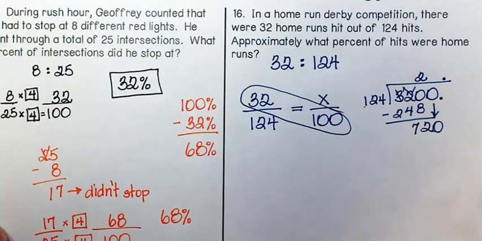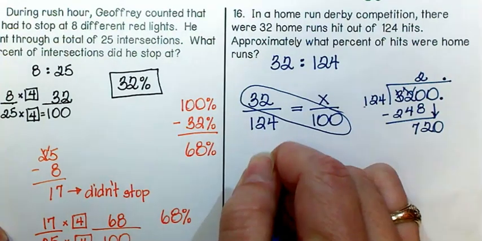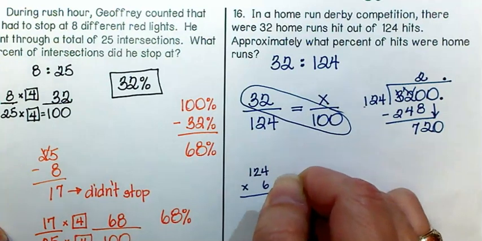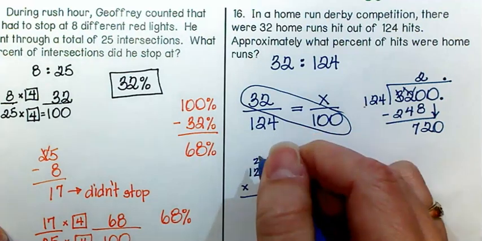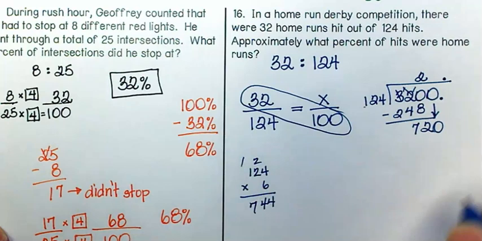124 will go into 720. I'm going to come down here and make sure, but I think it's going to be like 6. 124 times 6. 6 times 4 is 24, 2 times 6 is 12, 30, 40. Nope, just a little bit too much.